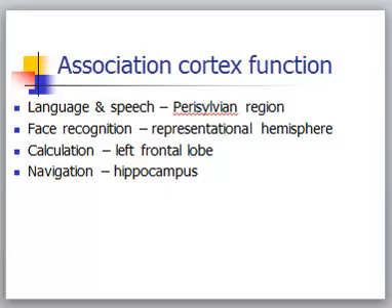Next, we are going to see calculation as well as navigation. What are the areas responsible for calculation and navigation? First, calculations. Two brain regions are involved in arithmetic calculations. One is the inferior part of the left frontal lobe, which is concerned with the actual calculations.